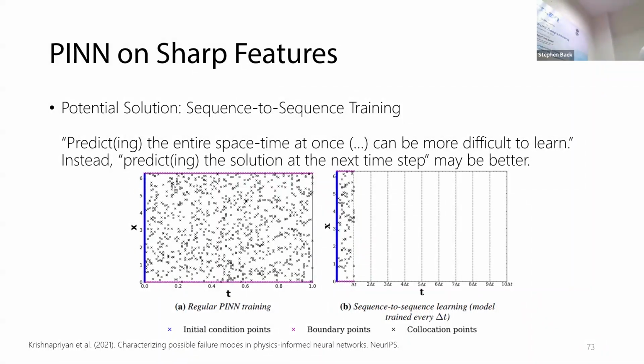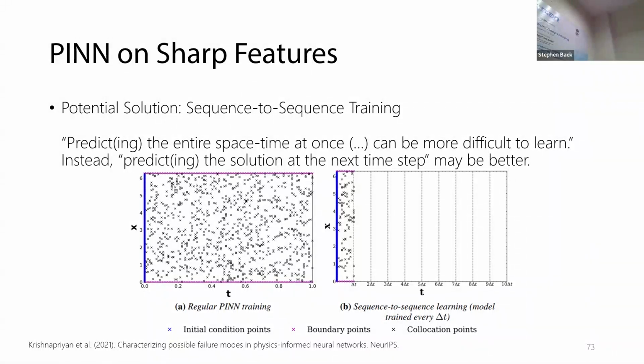So a typical resolution of that problem is either of these two. One is what's called sequence to sequence training. So instead of having the ambitious goal of predicting everything over the entire space-time all at once, you can divide the problem into smaller sequences of time.